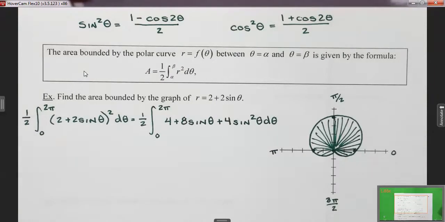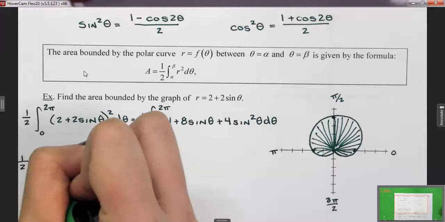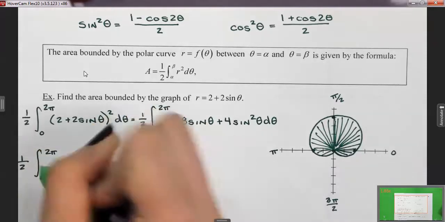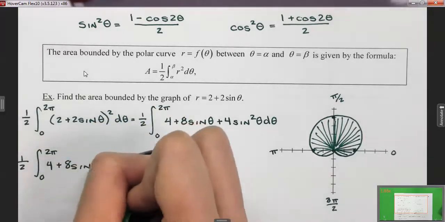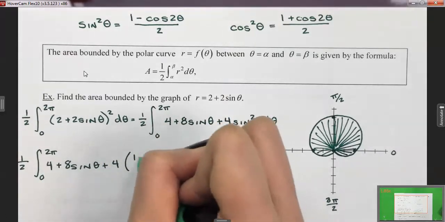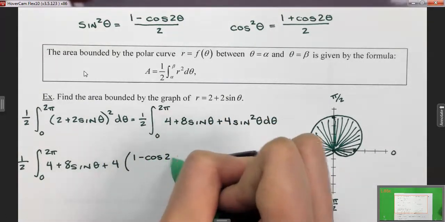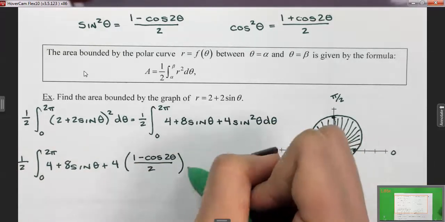I would need a cosine on the outside if I was going to do u sub with this sine squared. So we have to go 1/2 integral 0 to 2 pi of 4 plus 8 sine theta plus 4, and then I'll plug in (1 minus cosine 2 theta) over 2 in for sine squared.